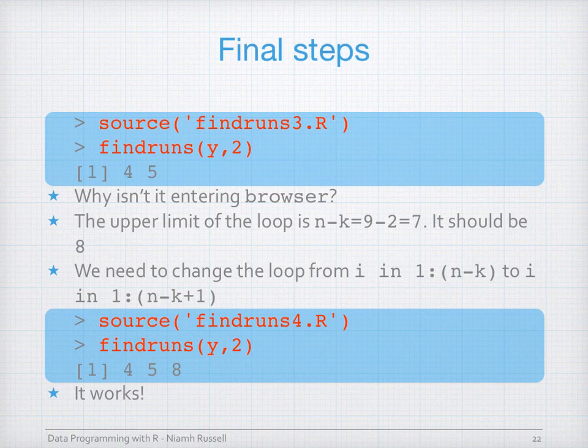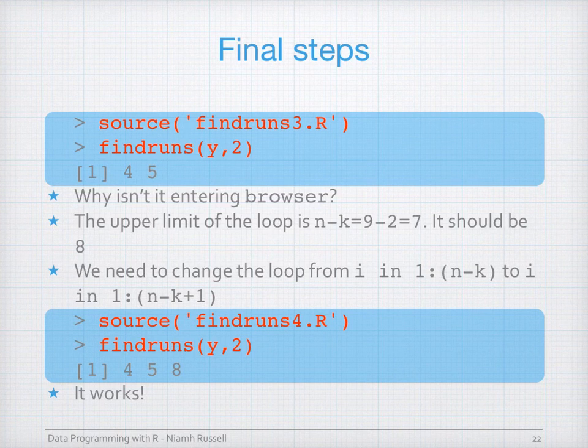So if you have a look at the code, and again there's more explanation as to why we've done this in the screencast, you can see that there's an if statement in there that only calls browser when i is equal to 8.